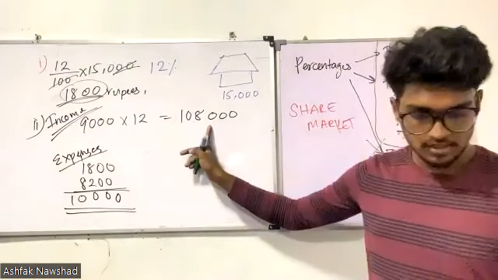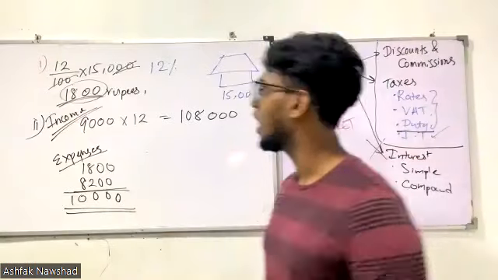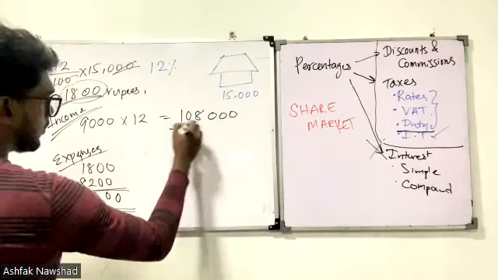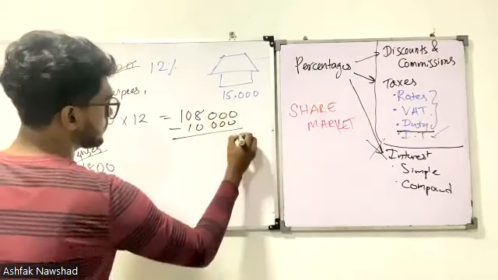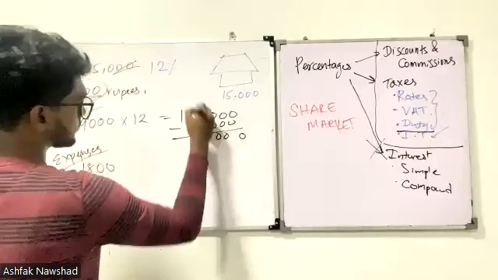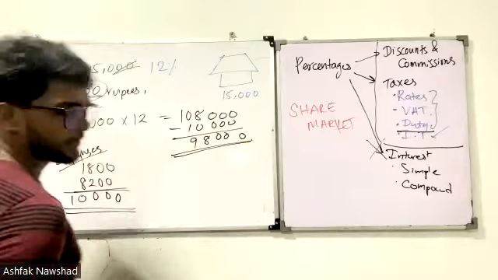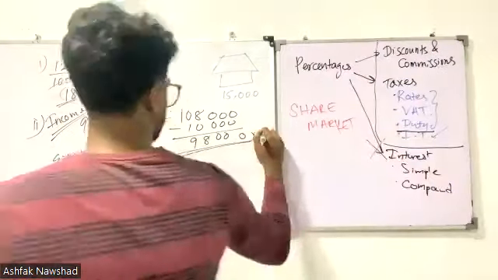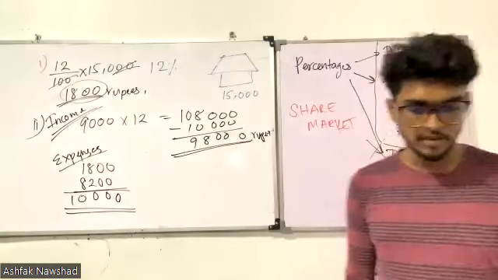The total income is 108,000 and the total expense is 10,000. They ask how much remains after he spent this amount. The remaining value can be easily calculated by subtracting. That would be 98,000 rupees. Is this clear for everyone?